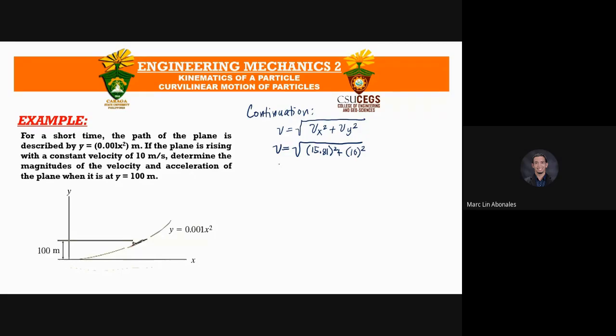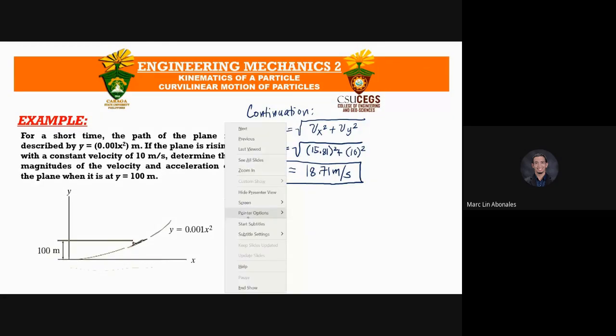So what will be the magnitude of your velocity? Square root of 15.81 squared plus 10 squared, which is 18.71 meters per second. So the magnitude of our velocity is 18.71 meters per second.